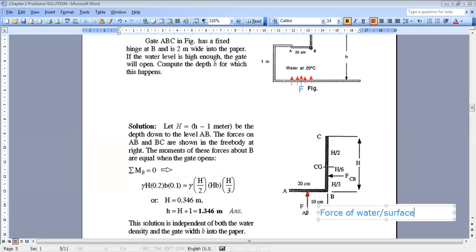And also using the same concept, I can say that as a vector, it's equal to minus the force of surface on water.